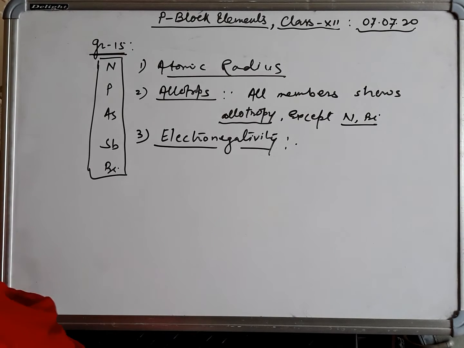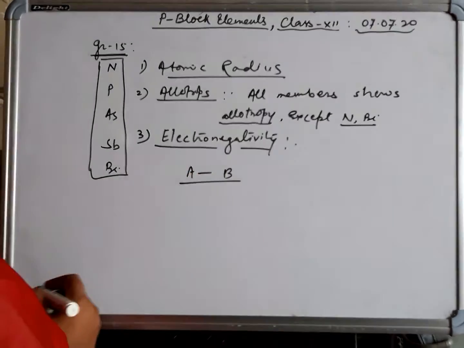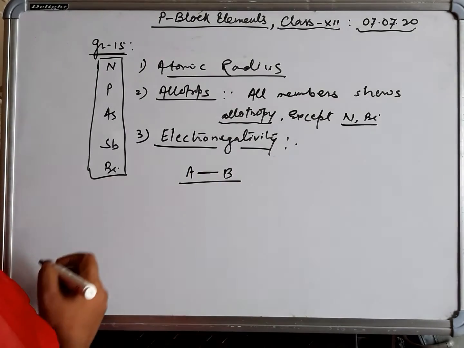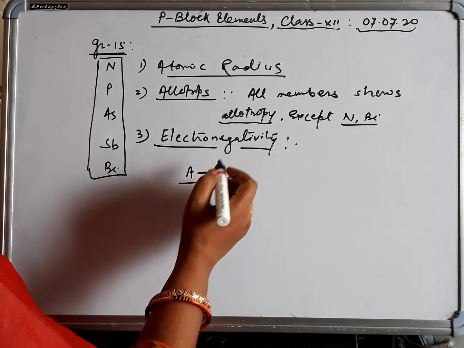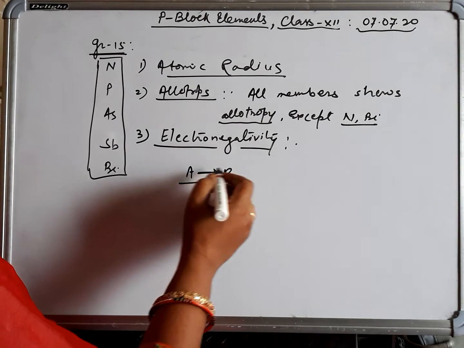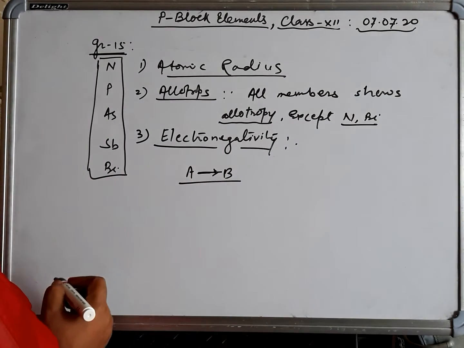As we have discussed in previous classes, electronegativity means the tendency of an atom to attract the shared paired electrons towards itself. Suppose A and B are two atoms combined by sharing electrons to form a molecule. If B has a greater tendency to pull electrons towards itself, then B is more electronegative in nature.